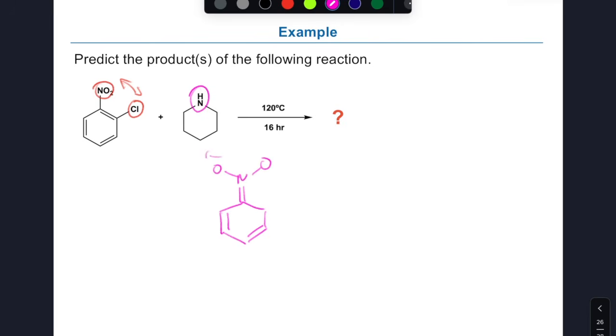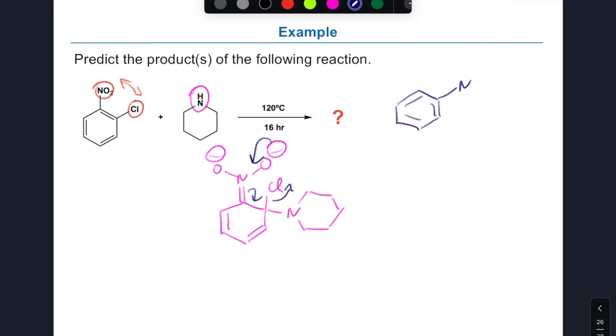And we will have a chloride and the nucleophile over here like this after, let's say, a proton exchange. That means that we're going to come down, over, and out, and our final product will just be the aromatic ring where we've substituted this group over here and our NO2 back over here.